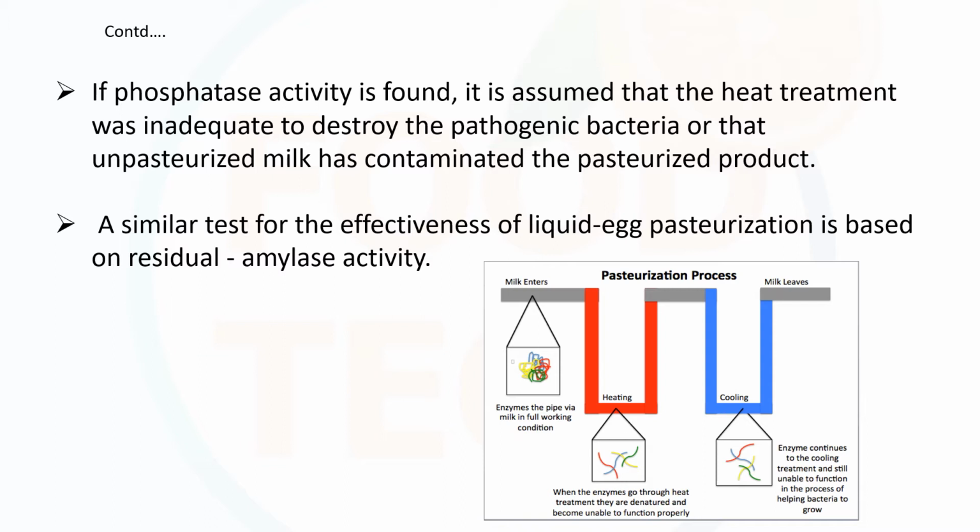A similar test for the effectiveness of liquid egg pasteurization is based on residual amylase. As seen in our diagram, milk enters the pipe, with its enzymes working in normal condition. When milk is transferred into the heating pipe, the heat treatment destroys the enzymes so they become unable to function properly.